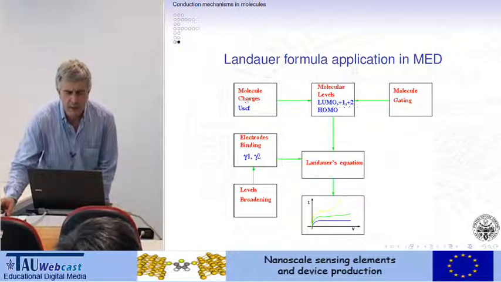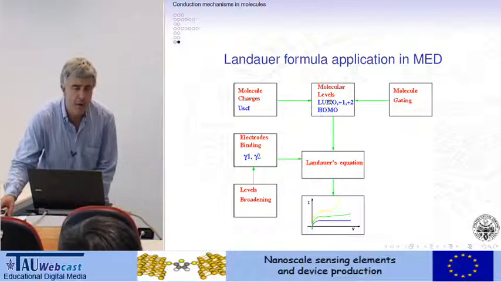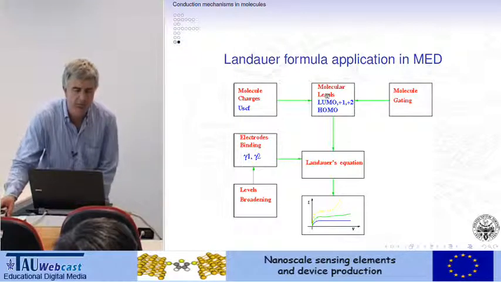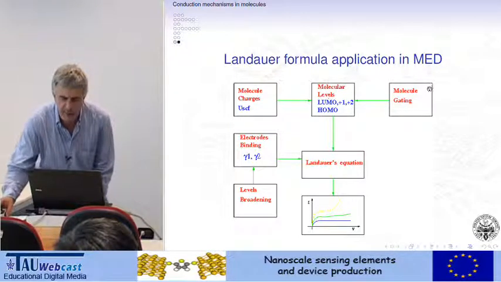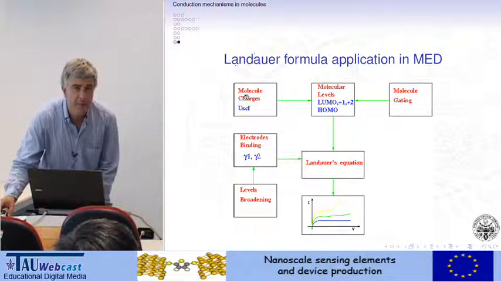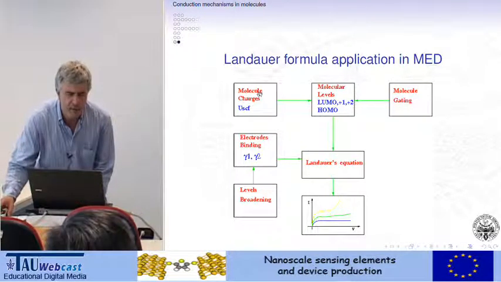Obviously, these levels are affected by different phenomena that don't depend directly on the molecule, because you know that the molecule charges must be evaluated as a function of the applied voltages.